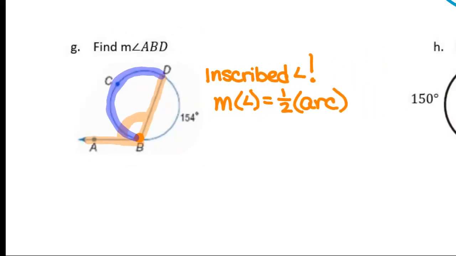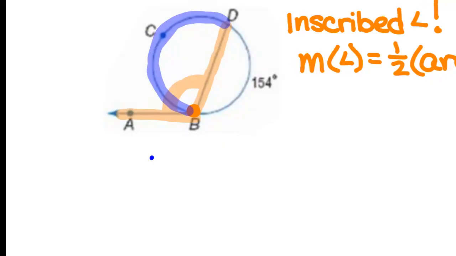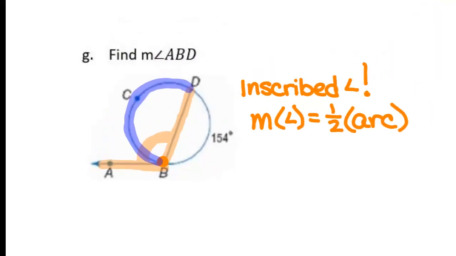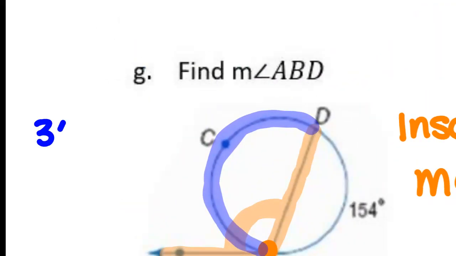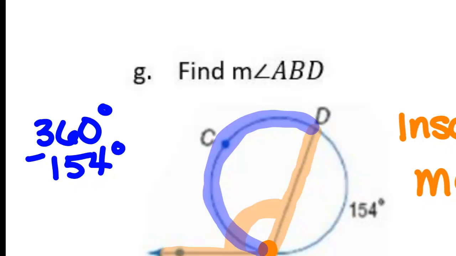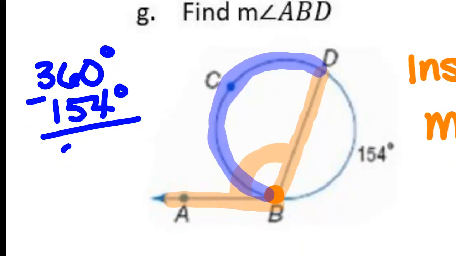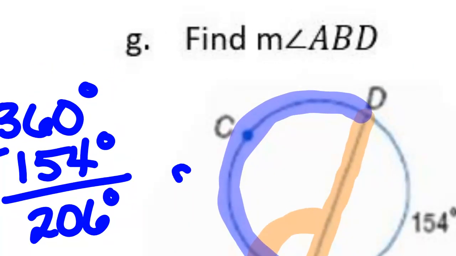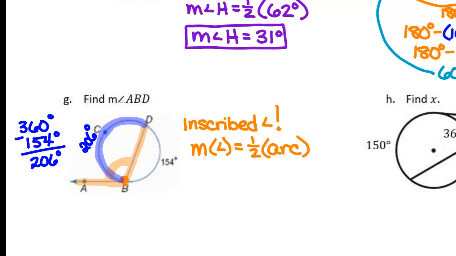I know the other side, and I know all the way around a circle is how many degrees? 360. So we're going to do 360 minus the other side, which is 154. What is 360 minus 154? 206. So this arc over here is 206 degrees.